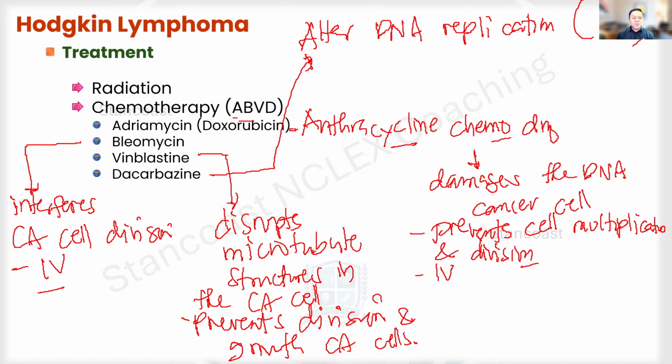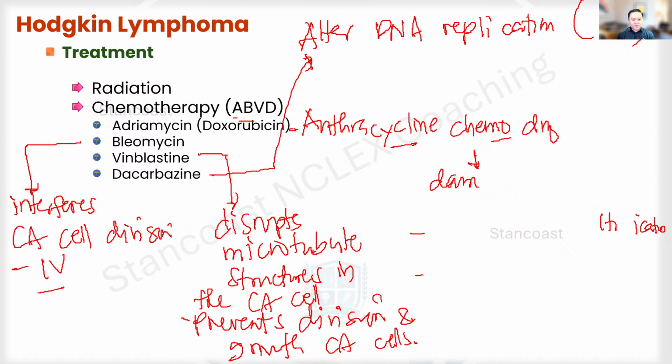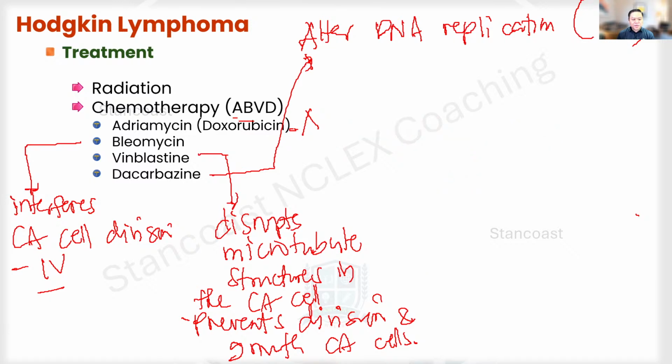And the duration of the chemotherapy will depend on the patient's response and also the stage of the Hodgkin's disease. So let me clear this out here. Let's talk about the frequency and the duration.